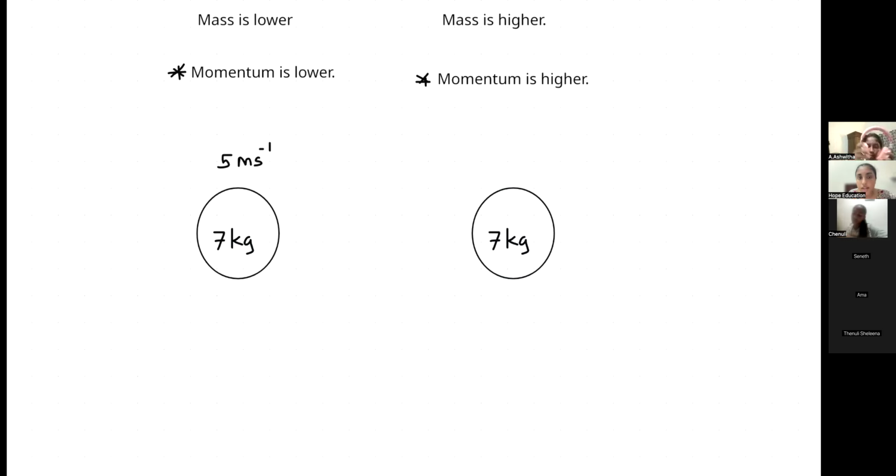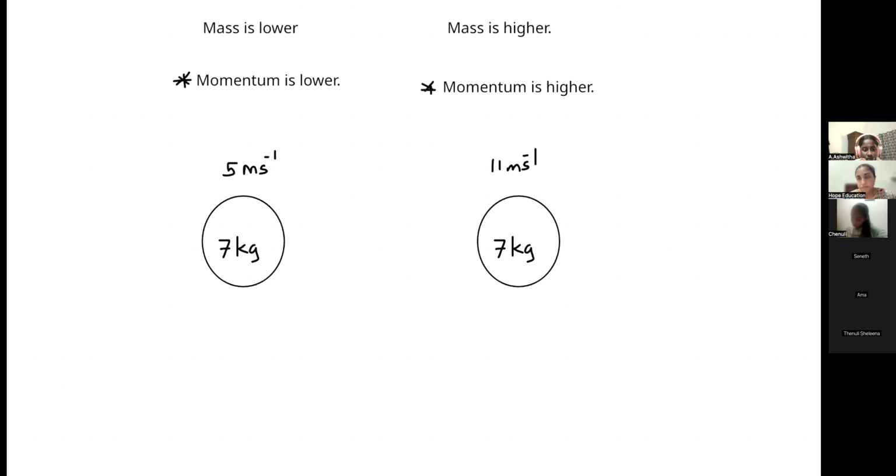This is thrown at you at a velocity of 11 ms minus 1. Which one will be more difficult for you to catch? The second one, 11 ms minus 1.